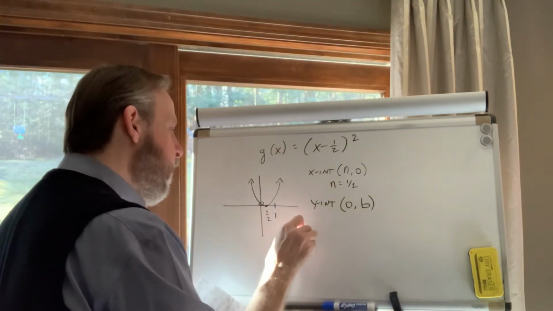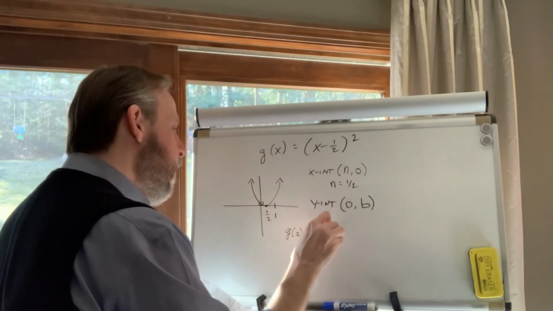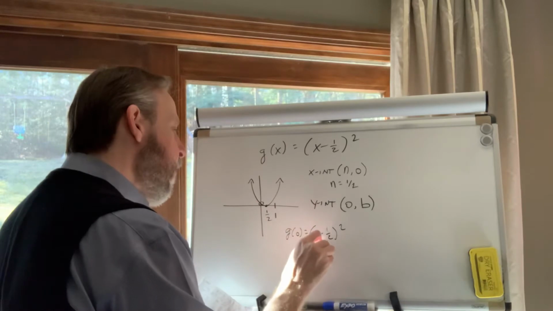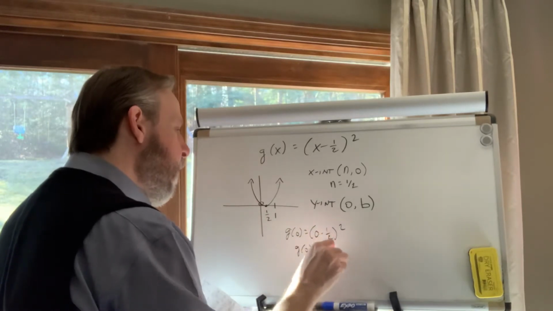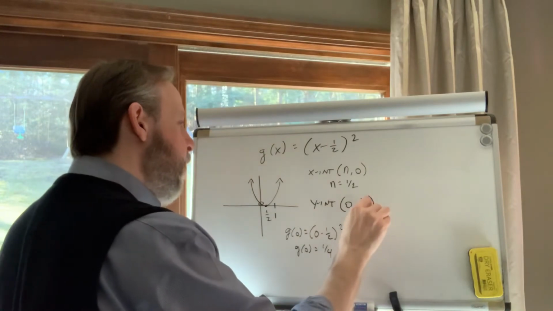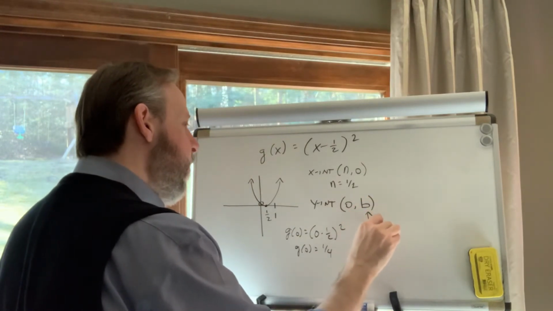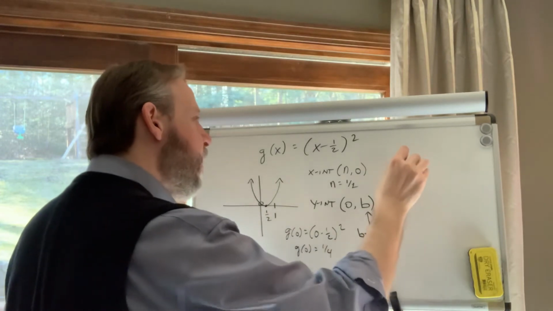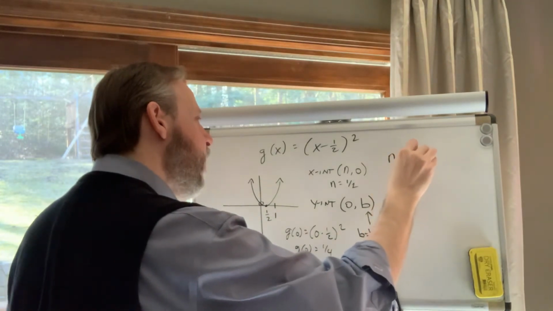So what's g of 0? 0 minus a half, squared. So g of 0 is a fourth. Okay, well that means that that number right there is a fourth. That's what b equals. The question is, what is n times b going to be?